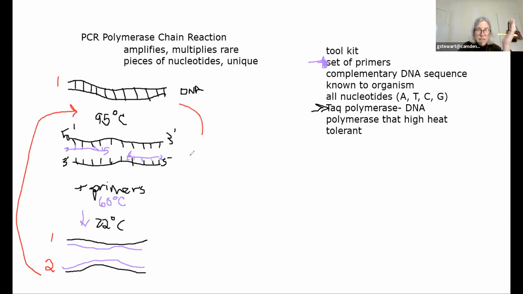And all of these steps, you can do in about 90 seconds, a minute and a half. So you can repeat it a lot of times really fast. And what that does is it gives you multiple copies of this very hard to find piece of DNA amongst all kinds of other junk DNA. And it's super specific. It can't mess up because it's only for the organism you're looking for.